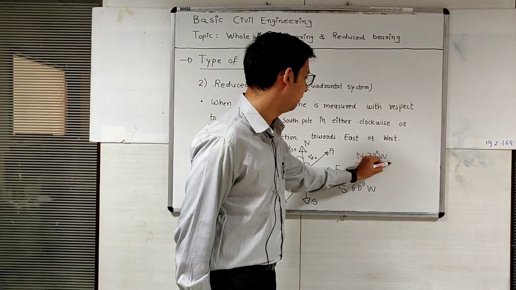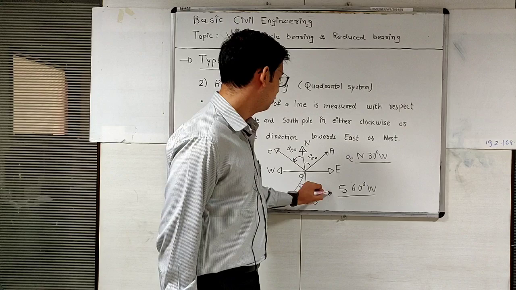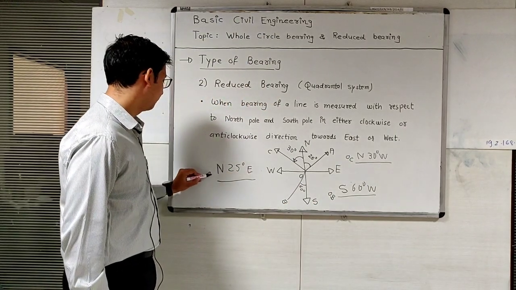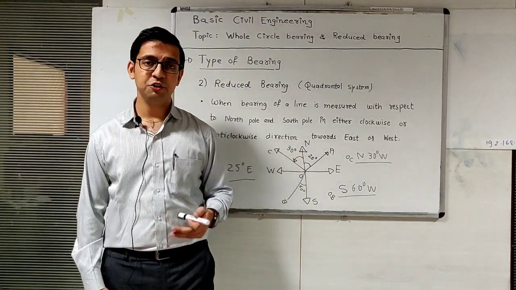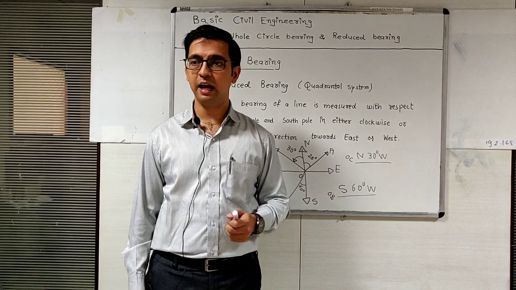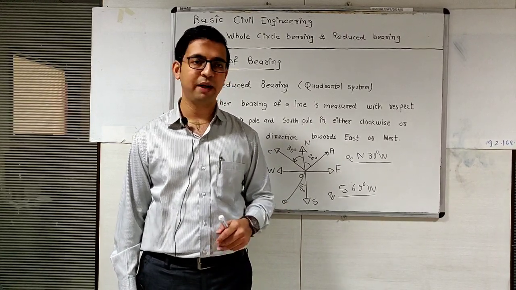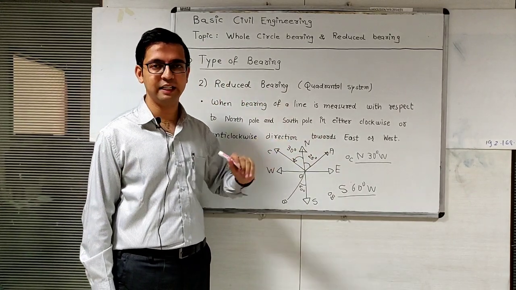This is the answer for OC survey line, this is for OB survey line, and this answer is for OA survey line. This reduced bearing or quadrantal system helps to identify in which quadrant the line lies, and the maximum bearing for this type of bearing system is 90 degree.